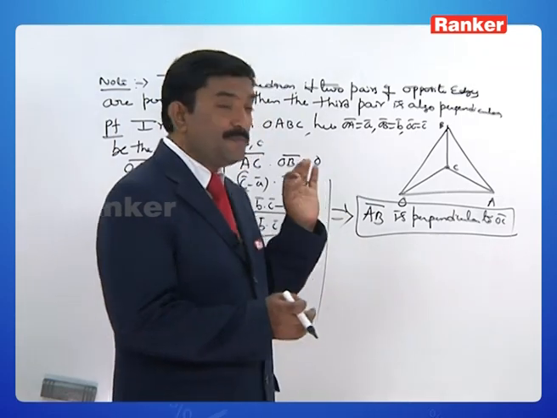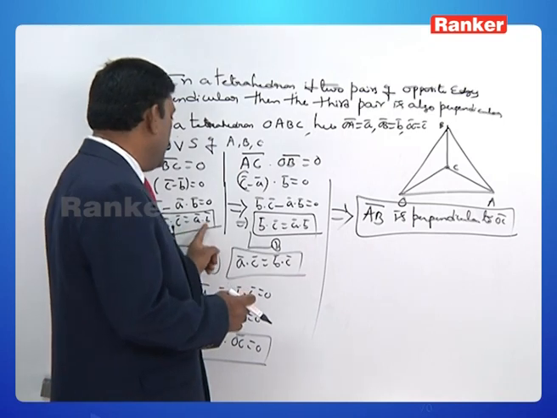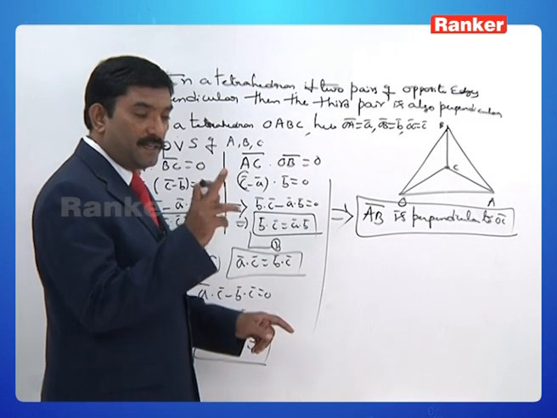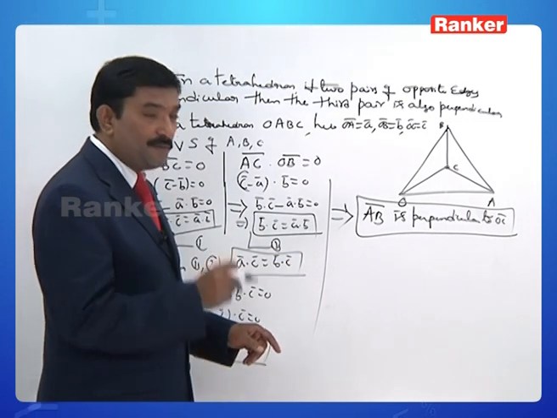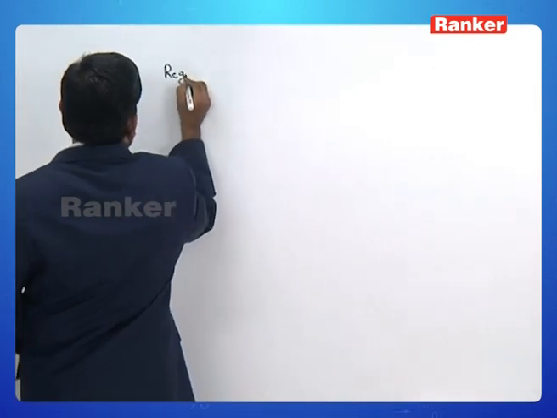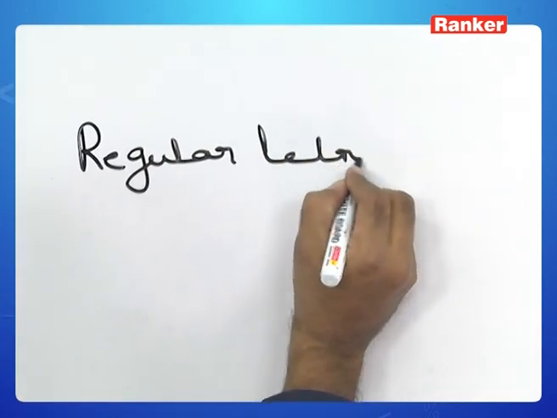This data is most important. What we have proved: a dot c is equal to a dot b, b dot c is equal to a dot b, which means a dot b is equal to b dot c is equal to c dot a. Be careful, we are using that condition. Now the definition of a regular tetrahedron.